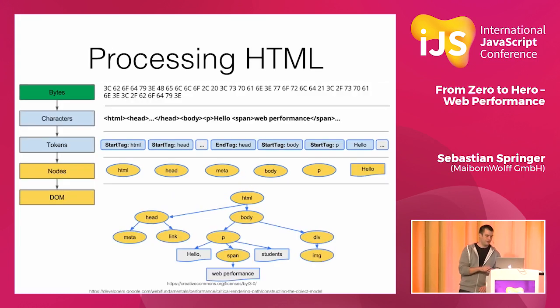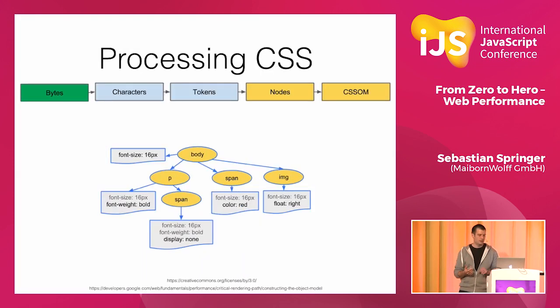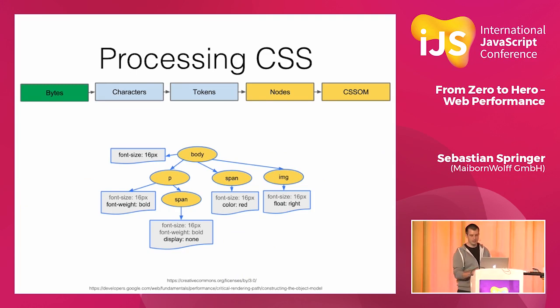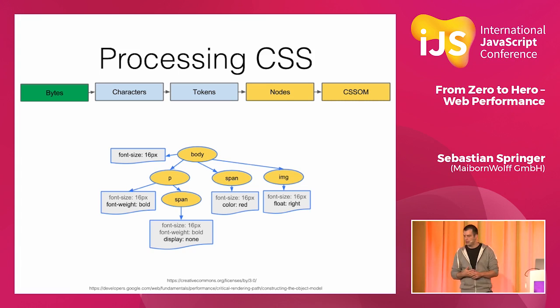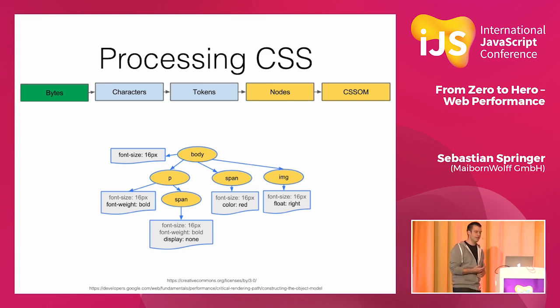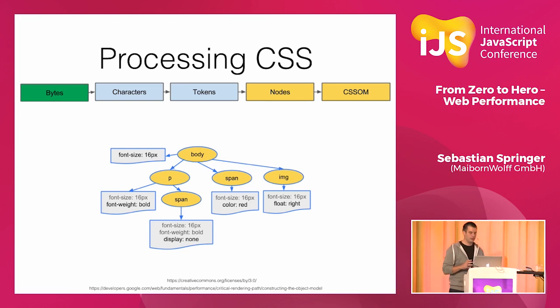And out of the document object model and the CSS object model, the render tree is built. If you're interested in this process in detail, just go to developers.google.com and have a look at the web documents. They're explaining this critical rendering path and a lot of other very important concepts in a very good, understandable way. So if you're getting bored at the weekend, just have a look at those documents and have fun with them.